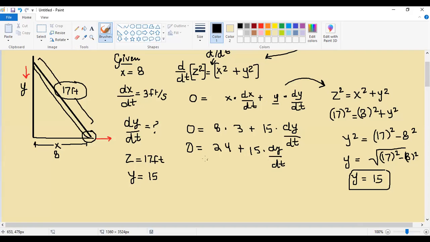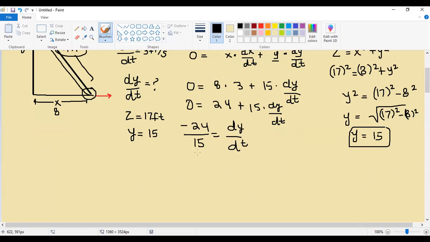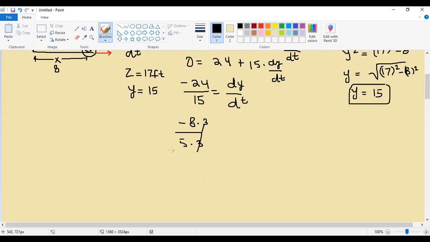And in attempts to isolate dy over dt, we can subtract 24 from both sides, and then of course divide by 15, and we would essentially be left with dy over dt equating to negative 24 over 15. And negative 24 is just negative 8 times 3. And 15 is actually 5 times 3. So dy over dt is essentially going to be negative 8 over 5.